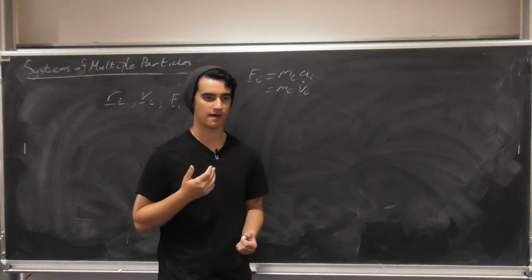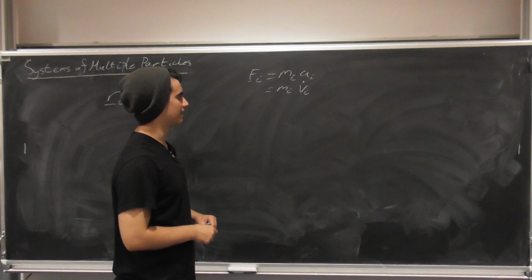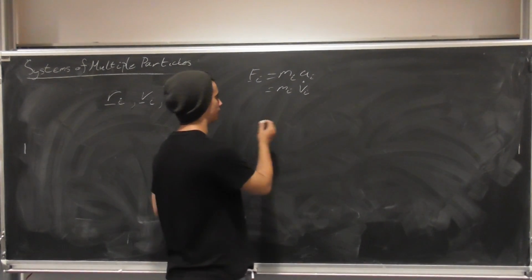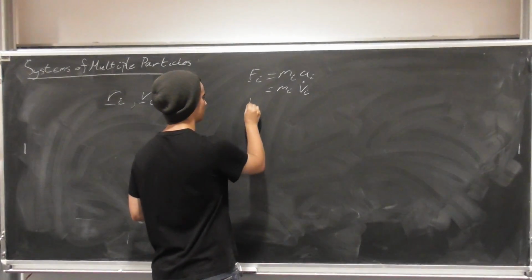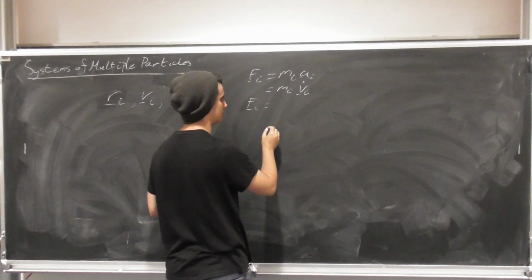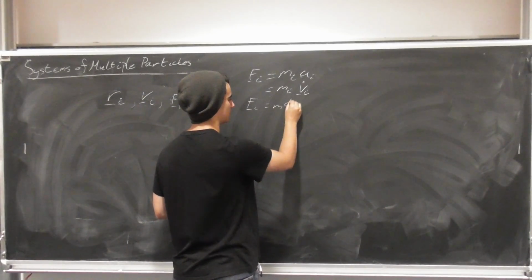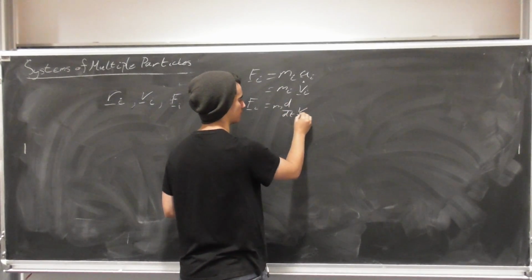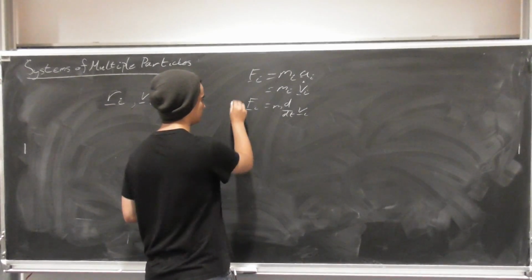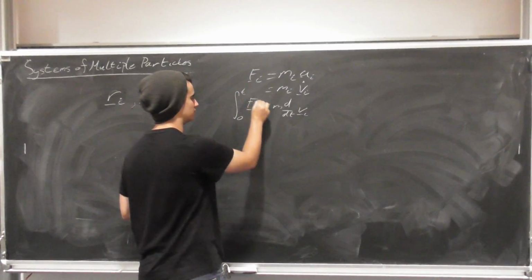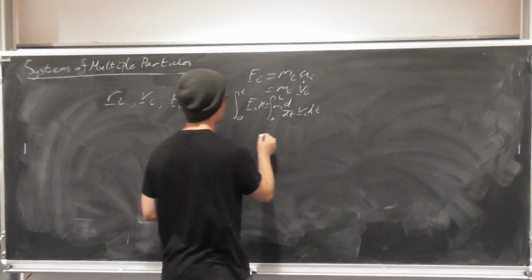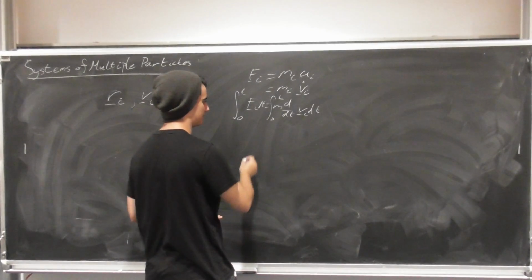And so now we have an equation that will tell us how to get the velocity back. If the force vector of the ith body is equal to the mass times the time derivative of the velocity vector, we do what we always do. We can integrate from time 0 to t, dt.